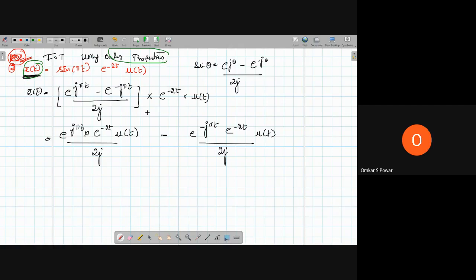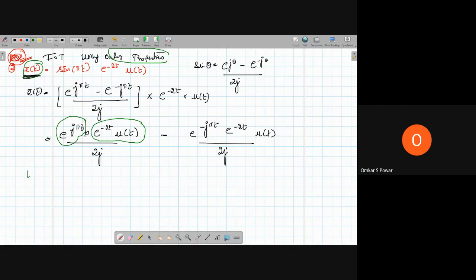Now first I will get the frequency domain signal for this part, because we know that the Fourier transform of e power minus at u of t is equal to 1 by a plus j omega. So I can get this one. Then I will multiply this one and use some property and get my remaining answer. So let us go step by step.